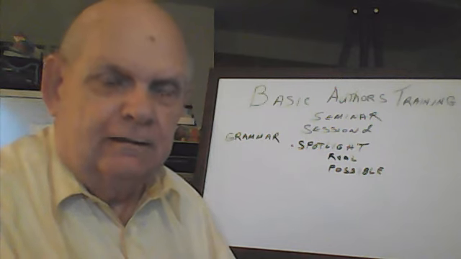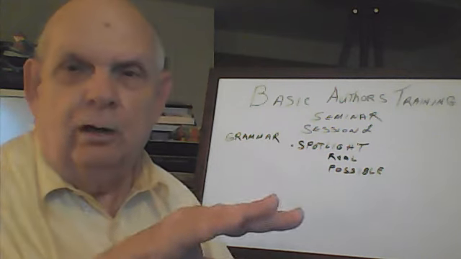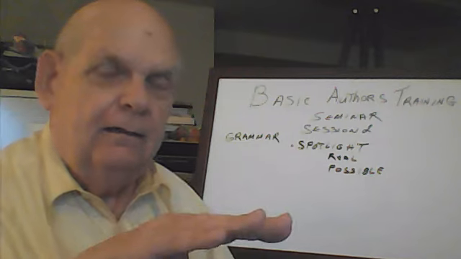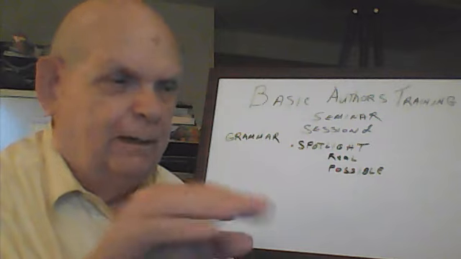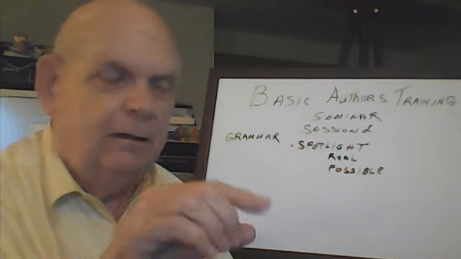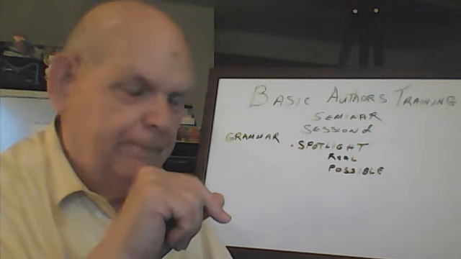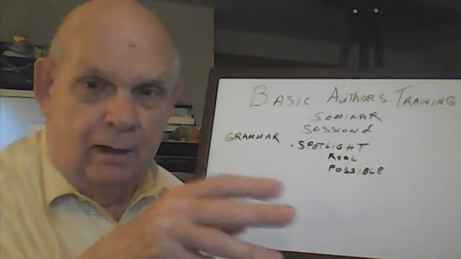But the thing is this: when it looks at your book, when it looks at your content, and it says, and then underlines it. Different programs may use different ways of highlighting, but in Word it will underline it. And you go on there and see what it is.